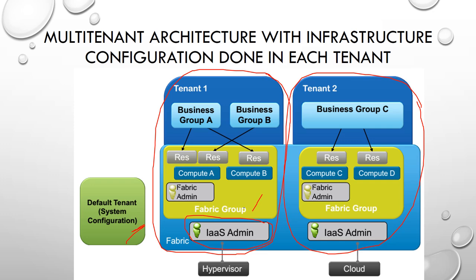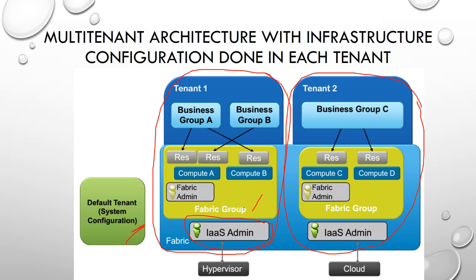Although fabric administrators can create reservations for business groups in any tenant, in this example, they typically create and manage reservations in their own tenants. If the same identity store is configured in multiple tenants, the same users can be designated as IaaS administrators or fabric administrators in each tenant.